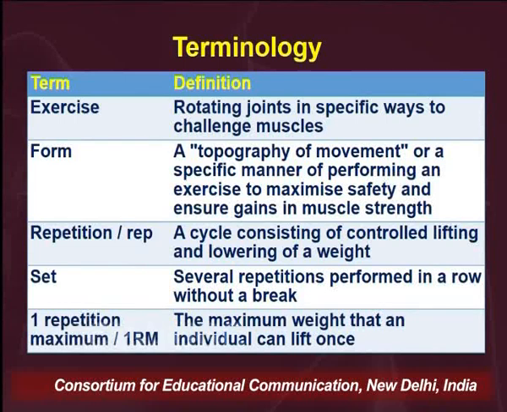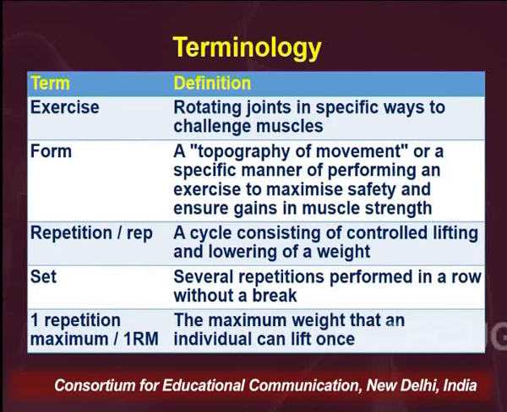Let's see some of the terminologies related to therapeutic exercises. The first is exercise, rotating joints in specific ways to challenge muscles. Form is the topography of movement or a specific manner to perform an exercise to maximize safety and ensure gains in muscle strength.